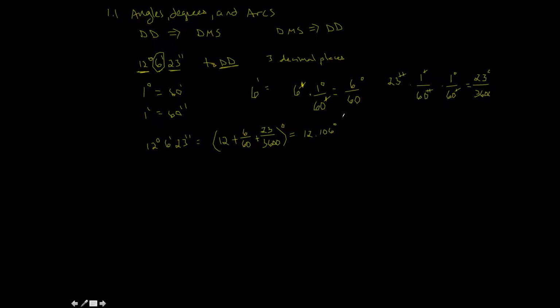Now let's look at it the other way. Let's take something in decimal degrees and change it to degree, minute, second. So let's look at 35.413 degrees, and let's change that to degrees, minutes, seconds.